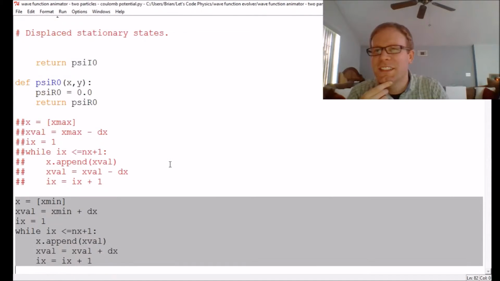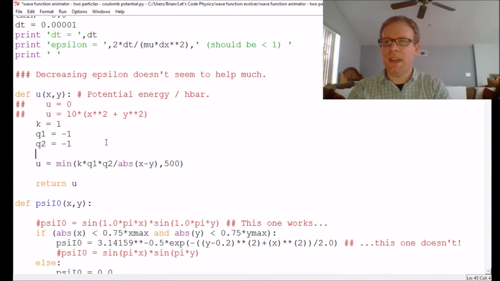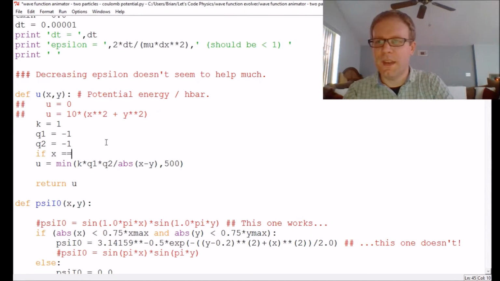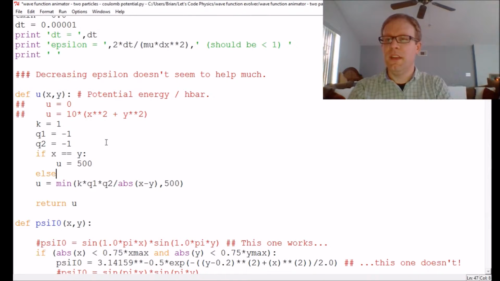But let's go back up to U, and here's what we'll do: we'll say if x is equal to y, then we'll just have u equal to its cutoff value of 500.